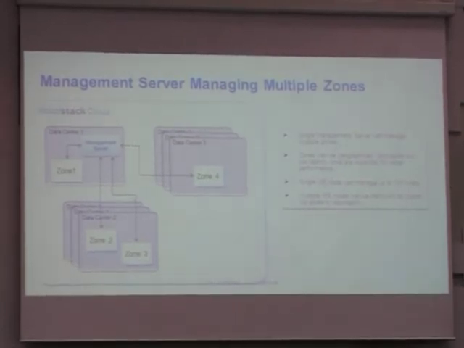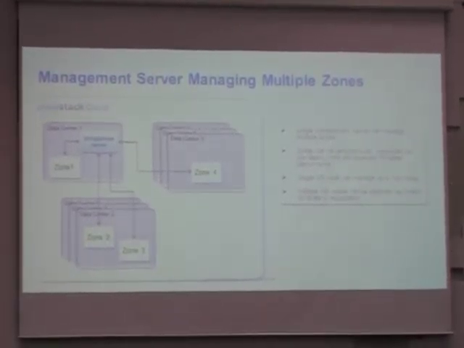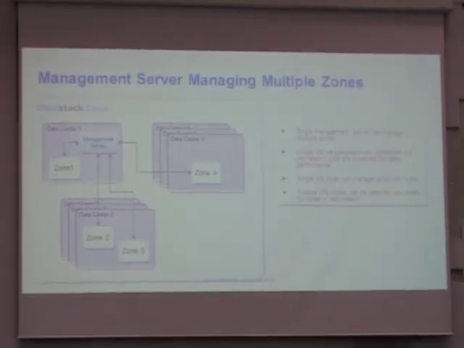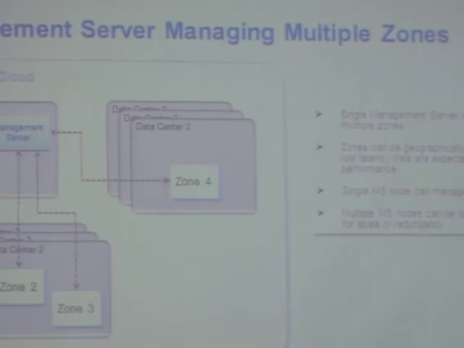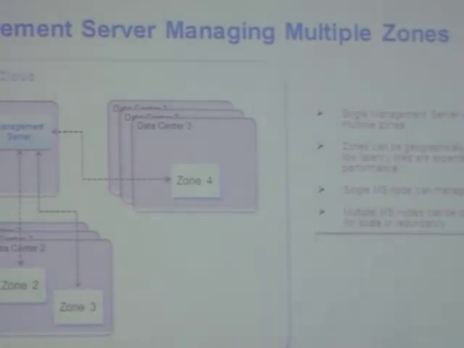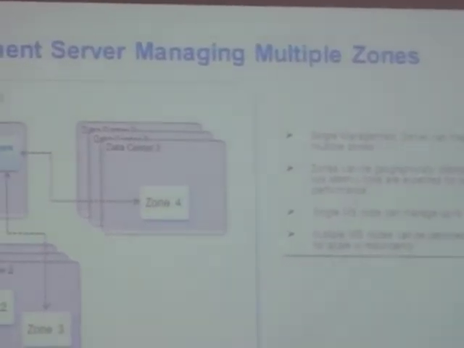Currently, we have certified each management server for up to 10,000 physical nodes, potentially even more, but that's what we have certified today. We definitely have customers in that range, so we have already proven that CloudStack can scale to tens of thousands of nodes.